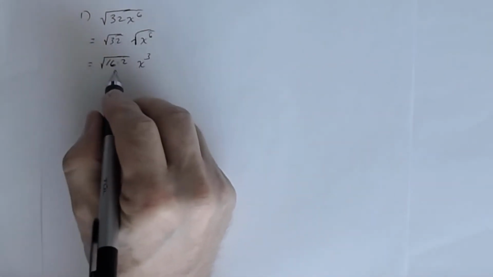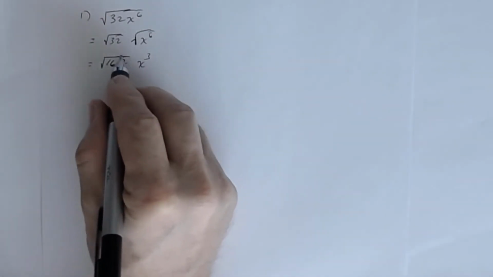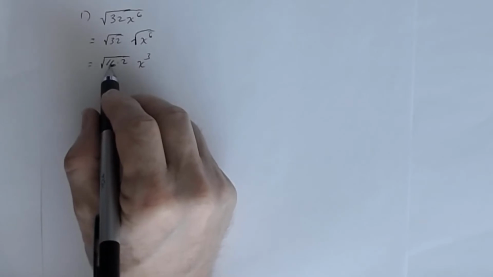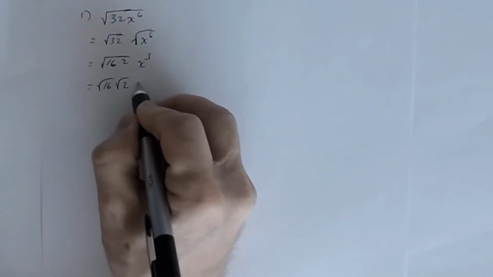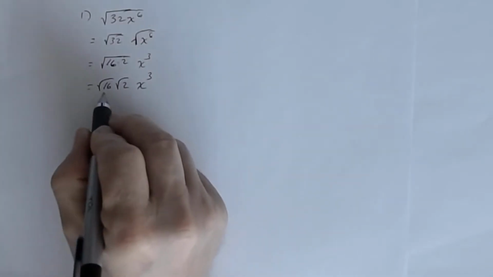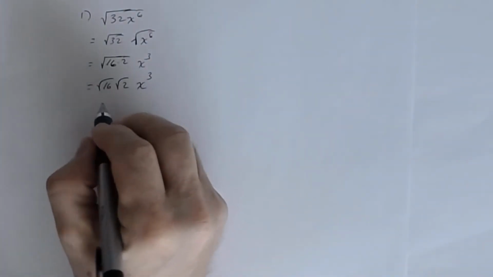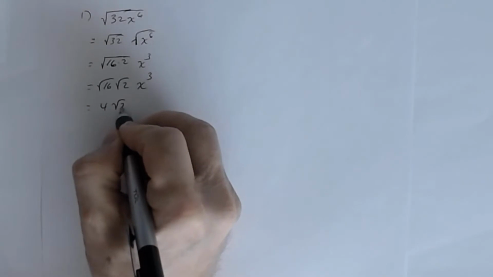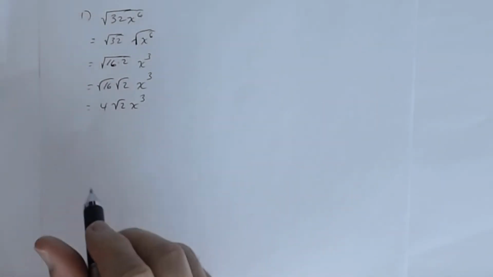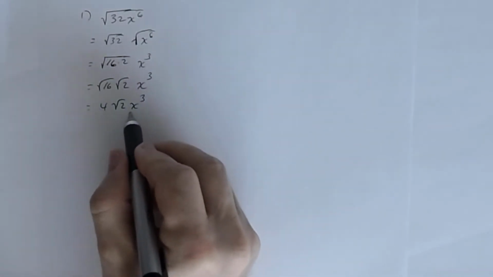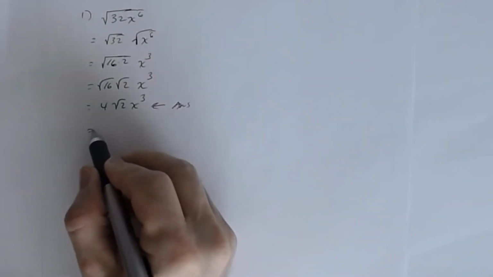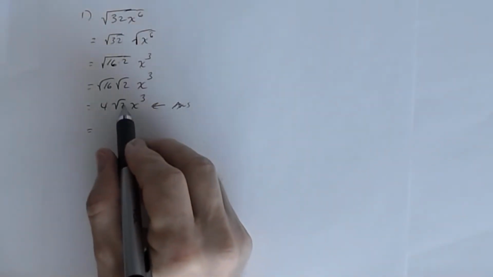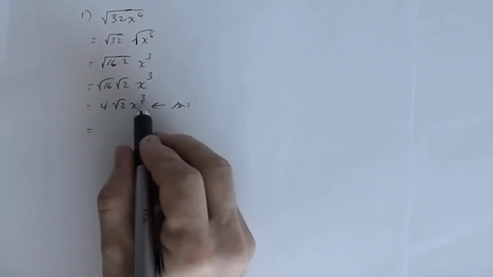Now let's talk about this. I'm going to rewrite this as the square root of 16 times the square root of 2, times x cubed. And the square root of 16 is 4, so this becomes 4 square root of 2 times x cubed. You can leave your answer like this, or if you want to, you can put the radical on the end.